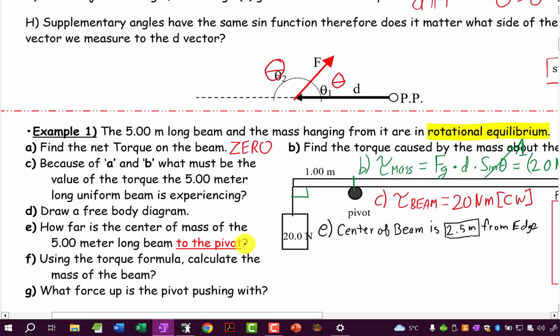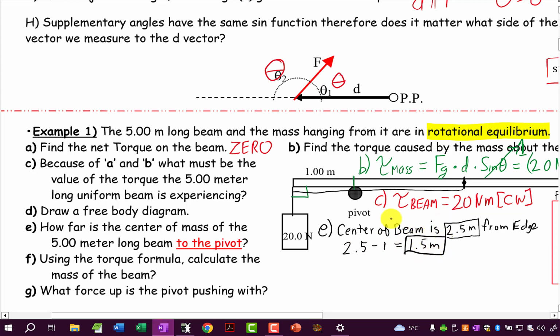And so how far is it from the pivot point? It's right there in the middle of the beam. And this whole distance here is 2.5, but that is 1. So it's going to be 2.5 minus the 1, so that's going to be 1.5 meters.